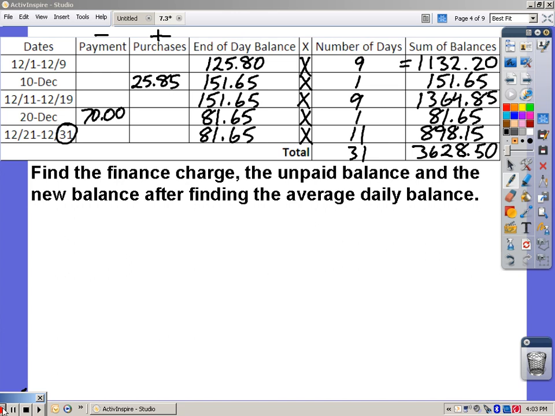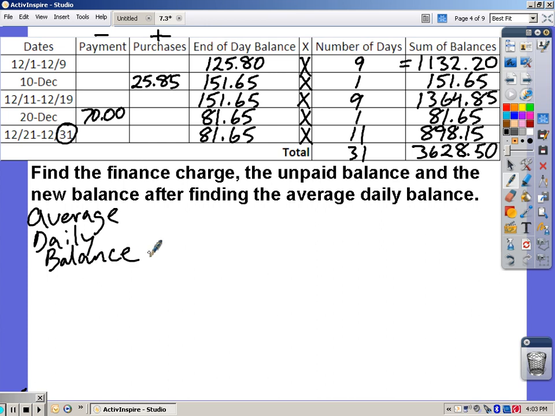Okay, now that we have found the sum of our balances and we know how many days we have in the month, we now need to find our average daily balance. Average daily balance is going to be equal to the sum of the balances divided by the total number of days in the month.